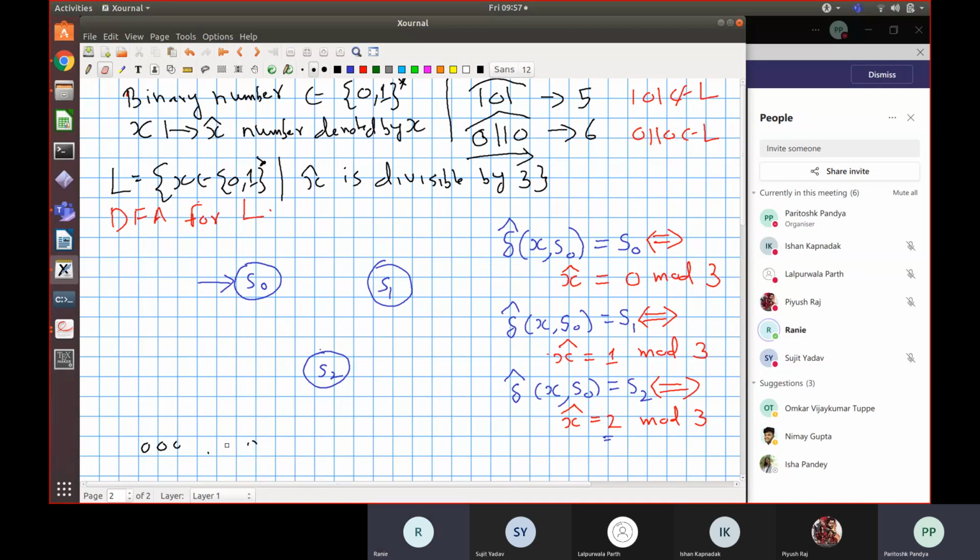Now what we will do is we'll rely on the following property of the number. Suppose I have a string X and I know which state it winds up in. And suppose I get a longer string, X followed by a digit 0, binary string X followed by 0. What number will this denote?